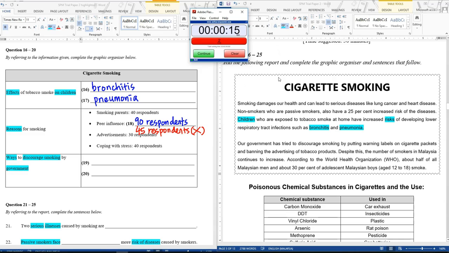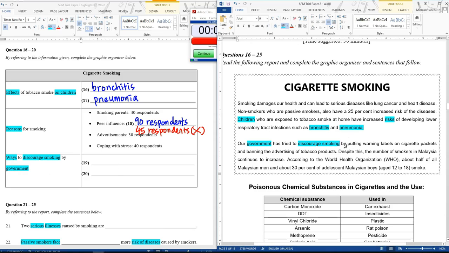Okay, so time's up. Alright, if you said that the keyword is here, then you are right, because as you can see here, you can find the word government, and you can also see discourage smoking. So the keyword is somewhere here. So the ways to discourage smoking by the government are, okay, so you need to fill in two of them.